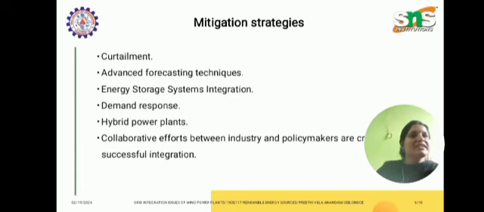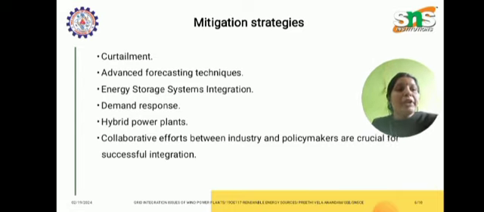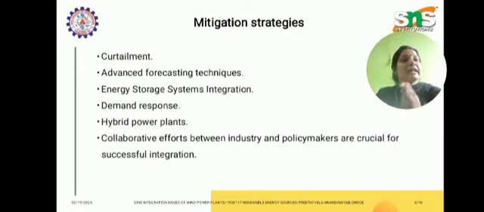Now the mitigation strategies: advanced forecasting techniques, energy storage systems, demand response, and hybrid power plants. Collaborative efforts between the industry and the policymakers are very important for successful integration.